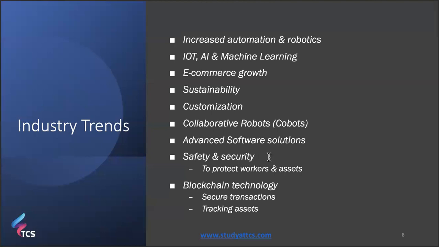And safety and security is a concern, especially pertaining to ensuring safety and security of the workers who work within warehouses, as well as securing the assets, or mainly the vehicles, autonomous vehicles used, as well as the stocks which are managed within warehouses. And blockchain technology is also used to secure transactions, as well as to track assets pertaining to movements which occur within the warehouse.